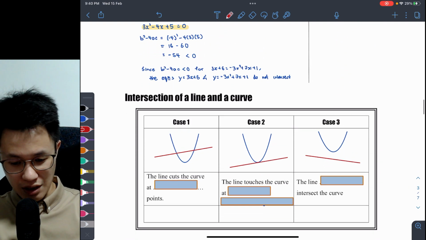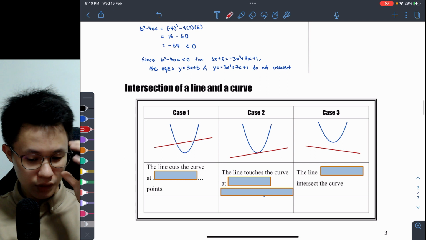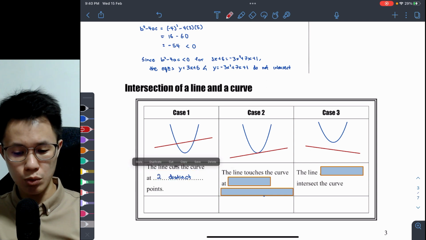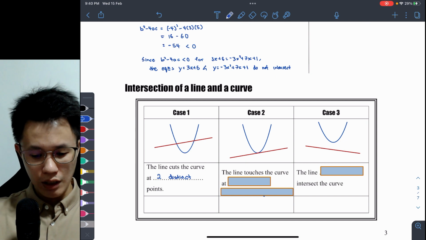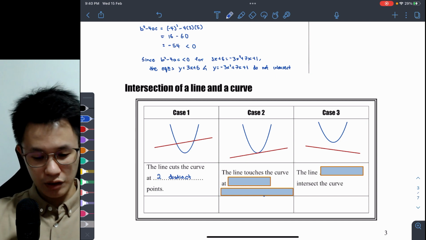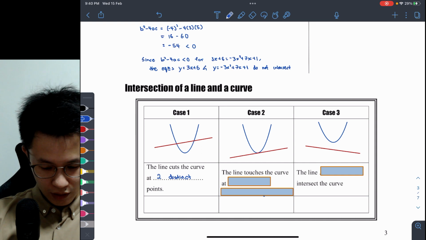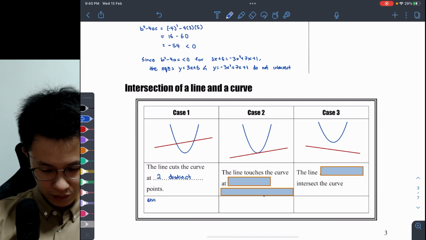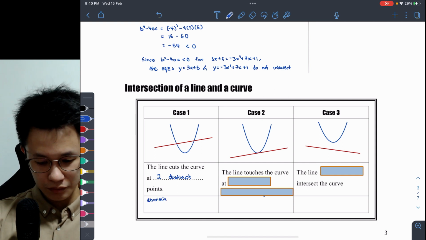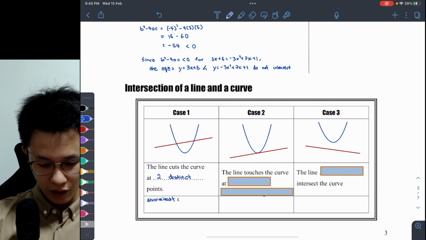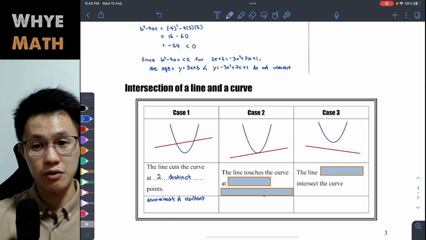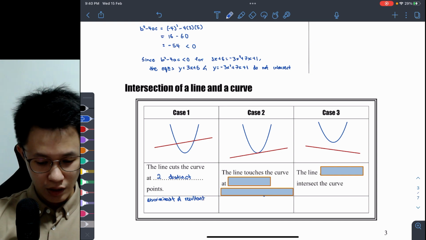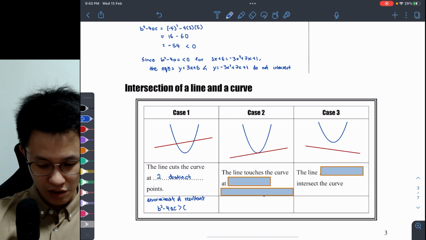So for the intersection of a line and a curve, if the line cuts the curve at two distinct points, we can conclude that the discriminant of the resultant equation, where resultant just means after you combine using the substitution method, will be more than 0.